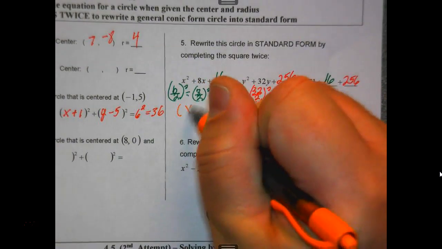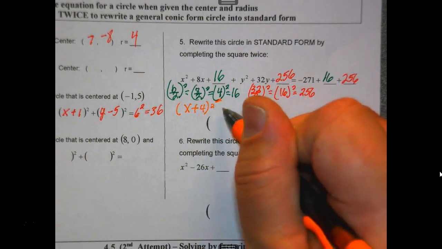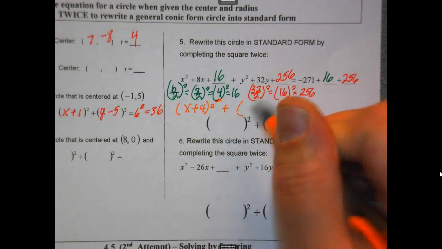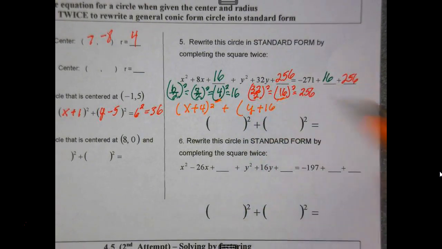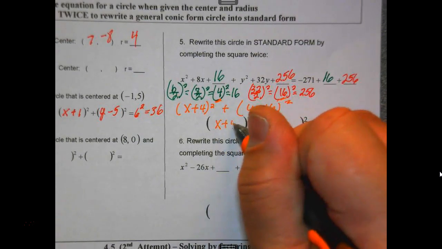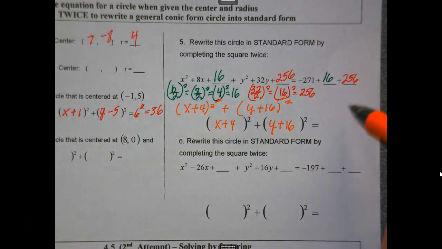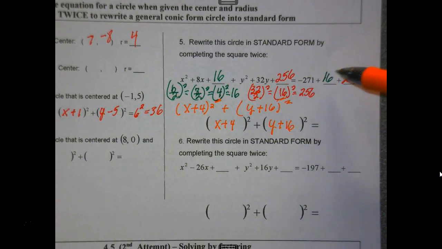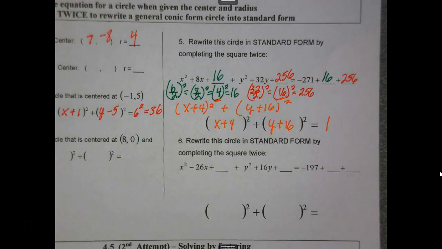Let's see, I have x plus 4 squared plus y plus 16 squared equals, let's see, negative 271 plus, is it 1? And what are we doing? That's it. We don't have to identify the circle. So there's my answer.